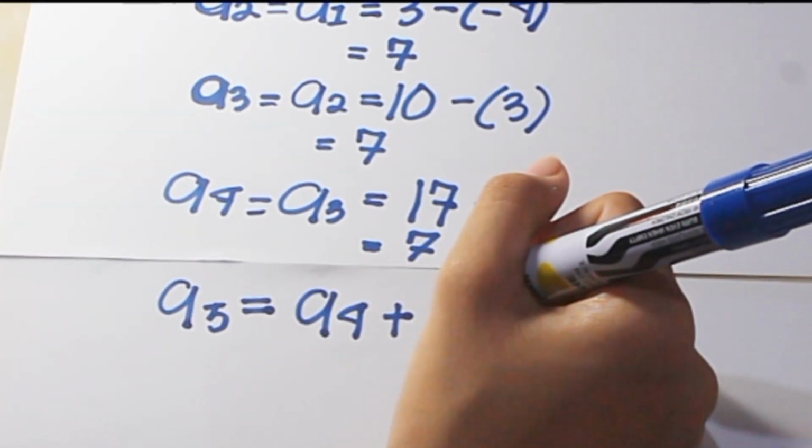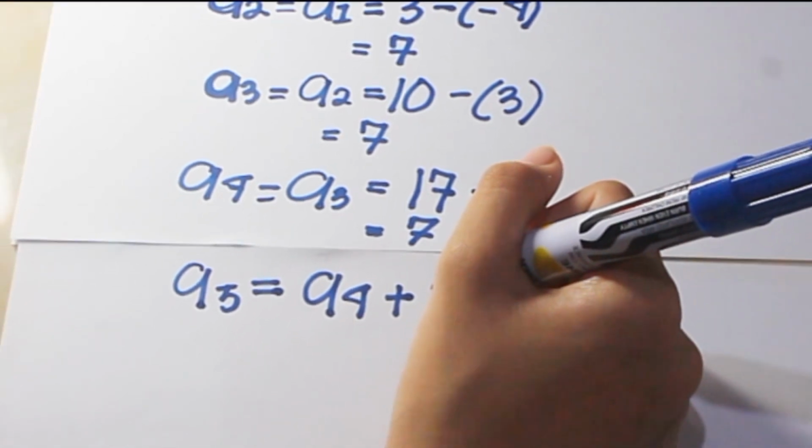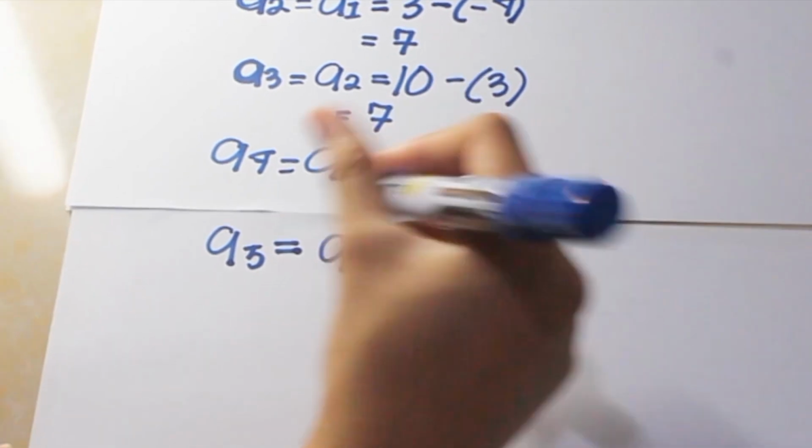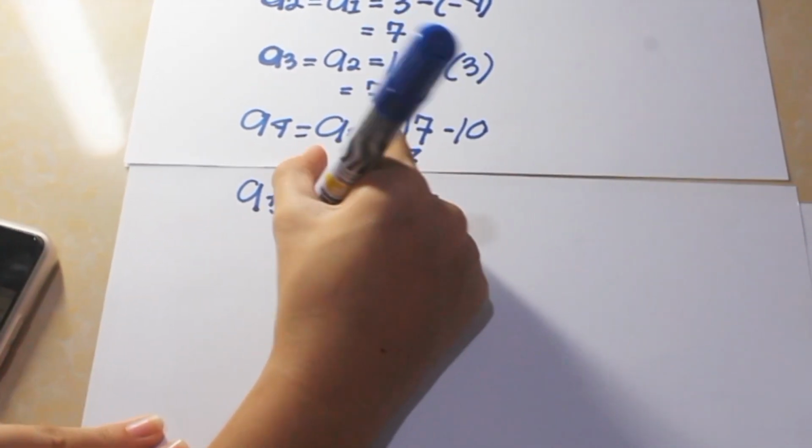Then, we calculate the difference between the fourth term, a sub 4, and the third term, a sub 3, which is 17 minus 10 equals 7. Because there's a constant difference of 7 between each pair of consecutive terms, it confirms that the sequence is arithmetic.